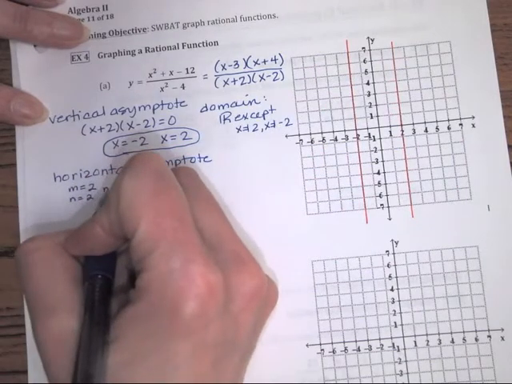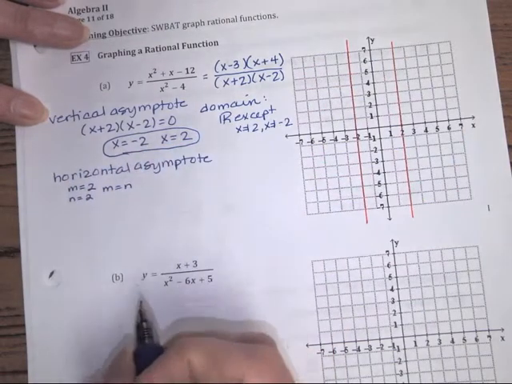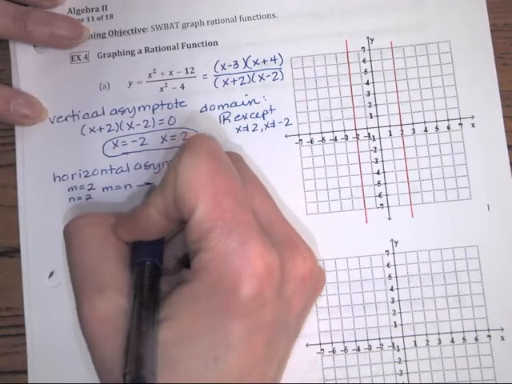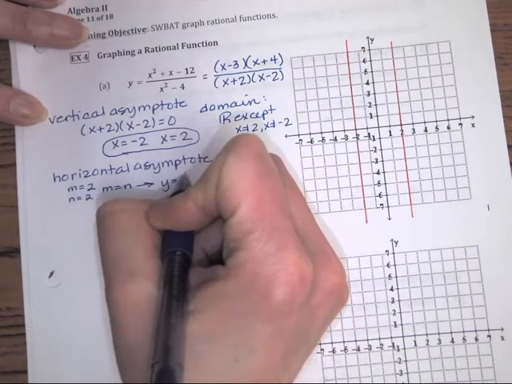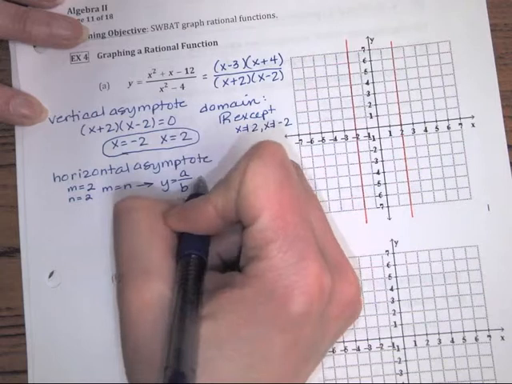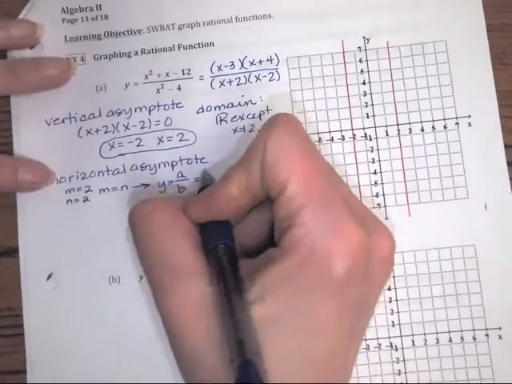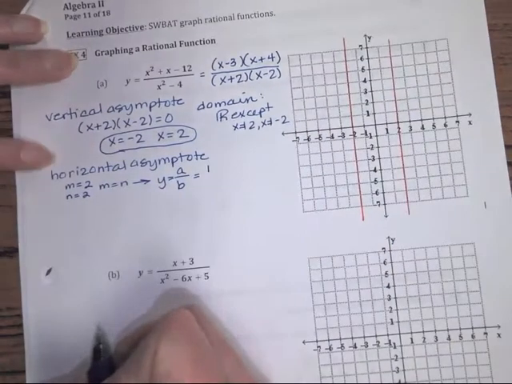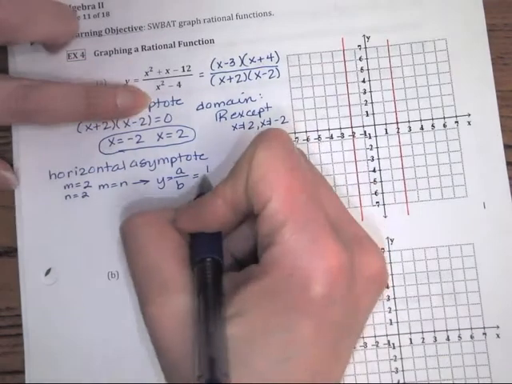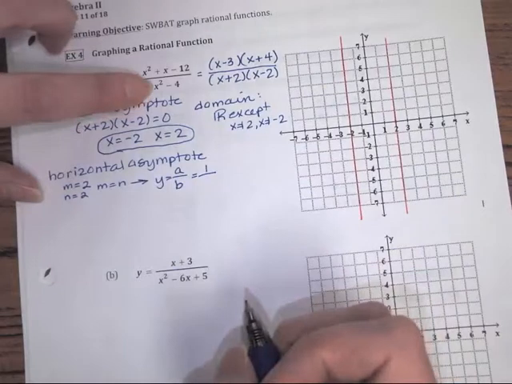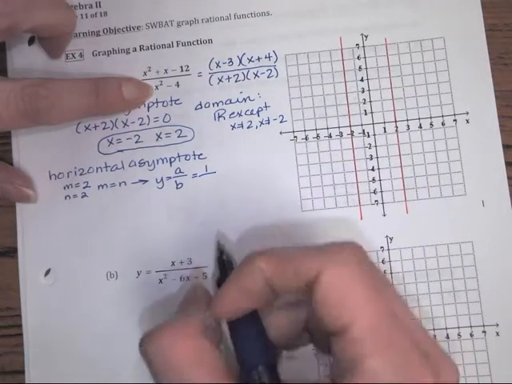So this is an m equals n situation. So in that case, y equals a over b. A is the coefficient of the leading term in the numerator, which is 1, right there. And b is the coefficient of the leading term, 1.